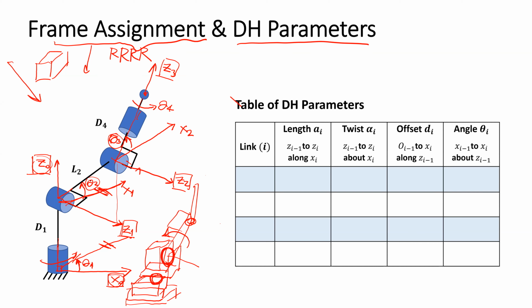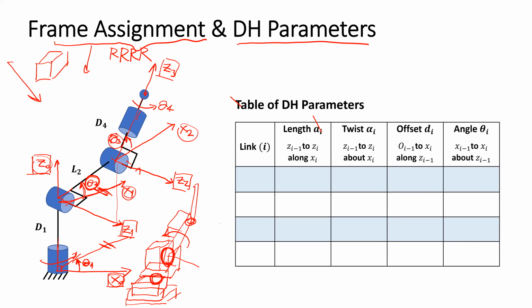Theta 2 first. Theta 1 will make the angle difference between x0 and x1. Theta 2 will make the angle difference between x1 and x2.